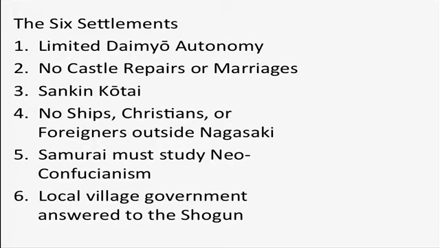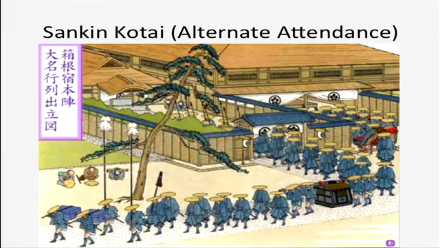We talked about the Sankin Kotai. Do you guys recall what that Japanese term refers to? It's one of the settlements we talked about last class. It involves the daimyo. Alternate attendance. And tell me your name? Kendall. Yes, Kendall. So this is alternate attendance. We discussed how it was a big expense.